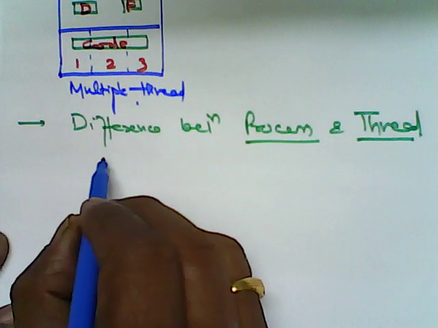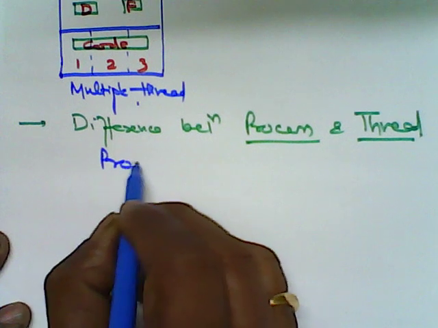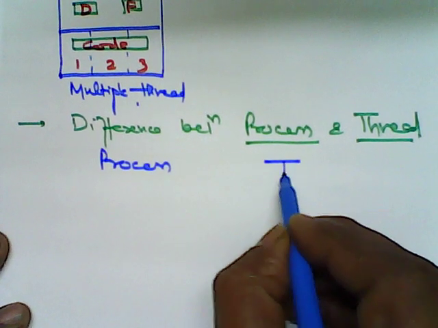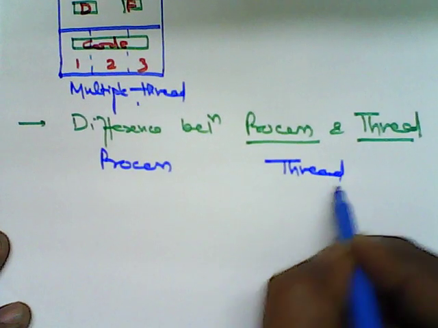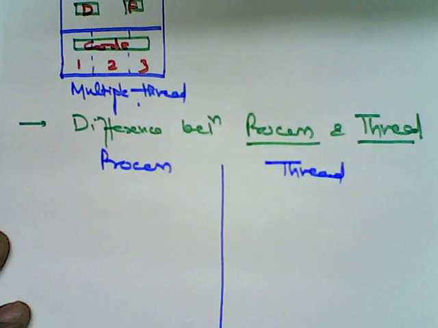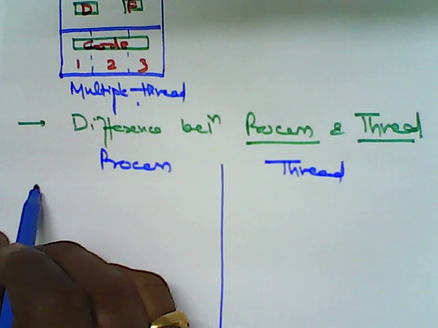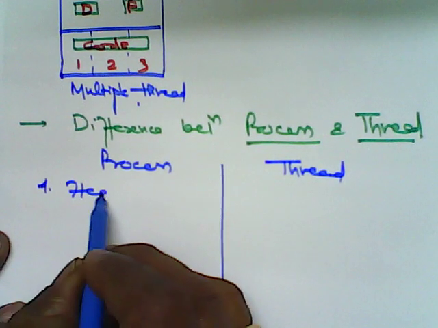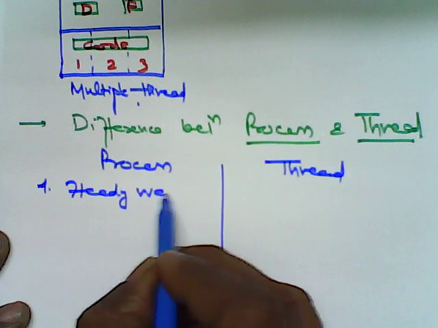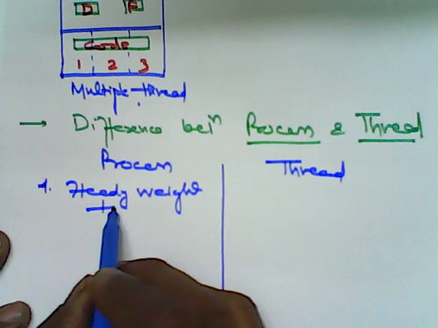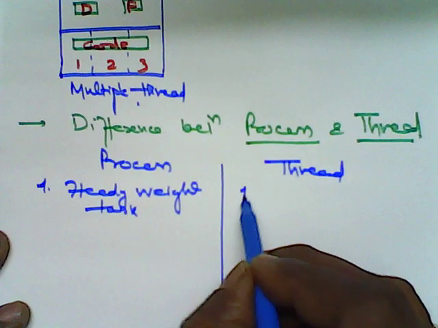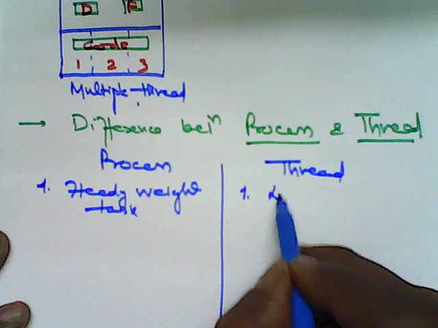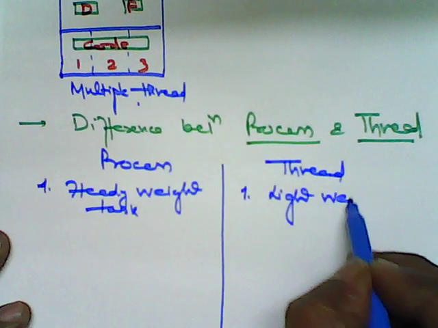To understand the process versus thread difference simply, let me put the difference like this. In the case of a process, the process performs the heavyweight task, just remember, and the thread performs the lightweight task.